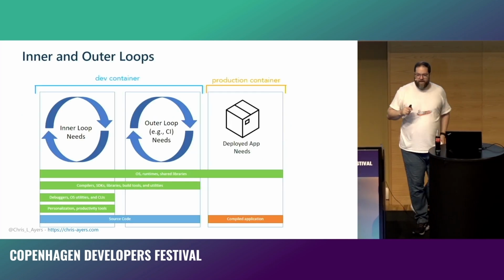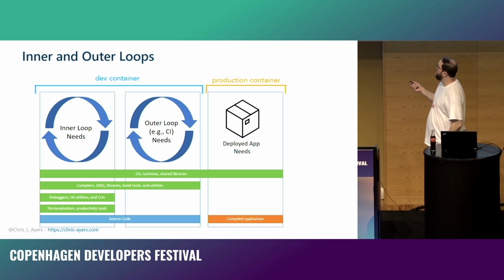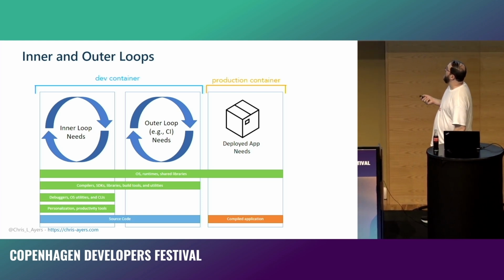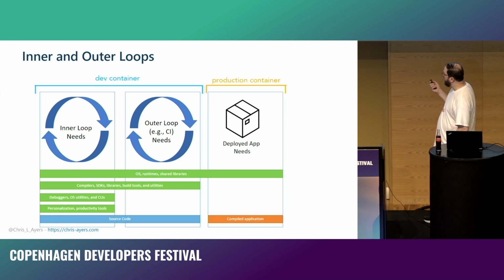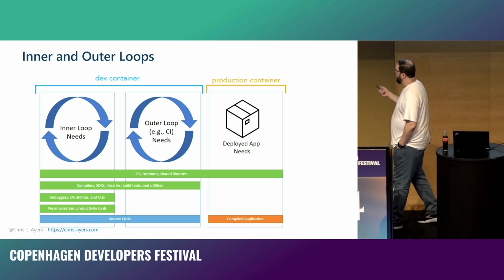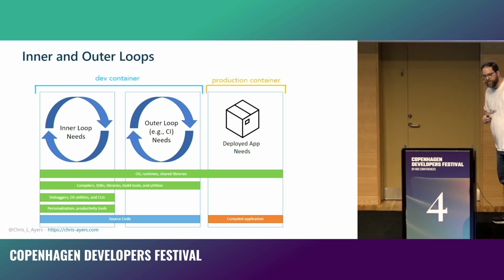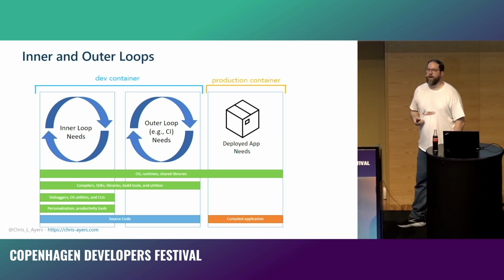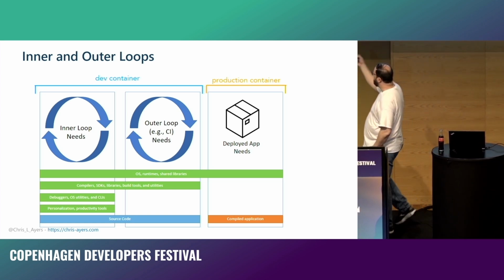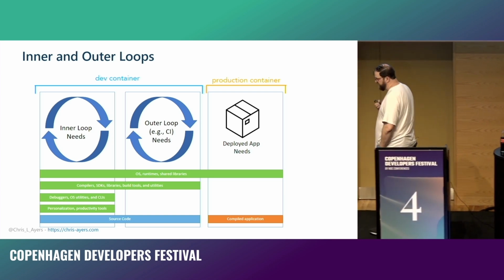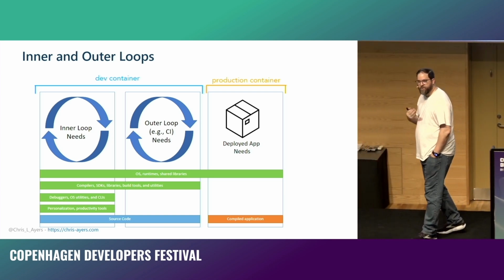Now, dev containers help to optimize that inner loop and a little bit of the outer loop. So, this is where we have our debuggers, our CLI tools that we need for the Azure CLI, AWS, GitHub. We have things like compilers and SDKs, Node and Python, Java.